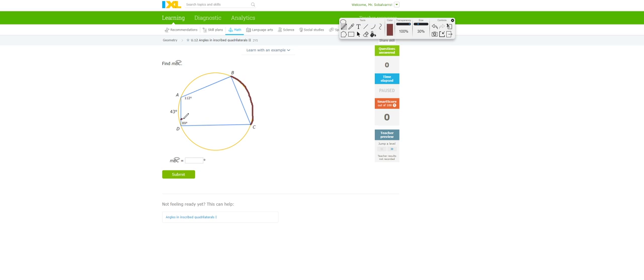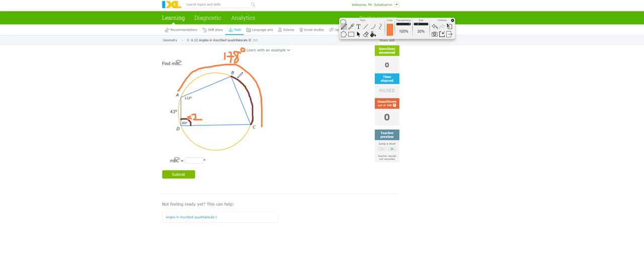For example, if I take 89 degrees, the intersected arc for this angle will be from A to C. So to get this arc, I will need to multiply 89 times 2, which is equal to 178.